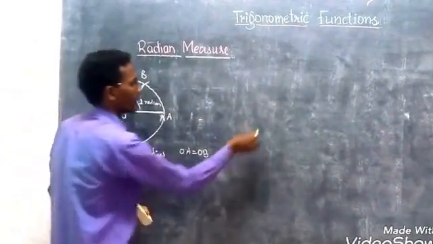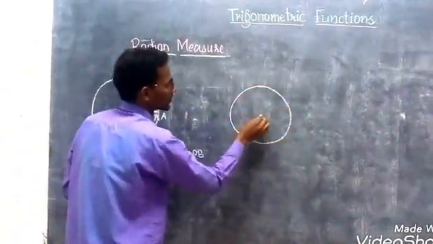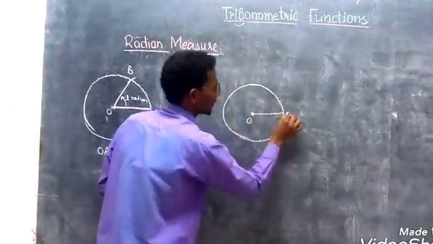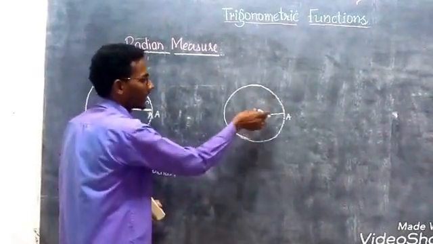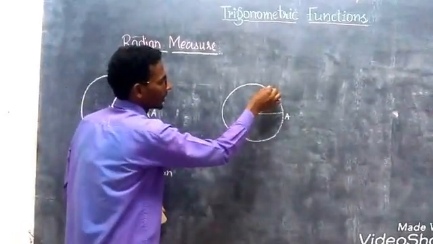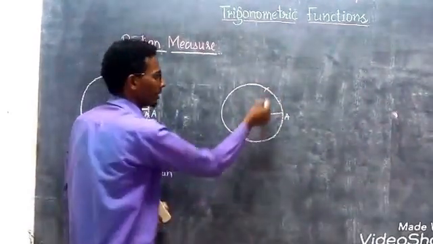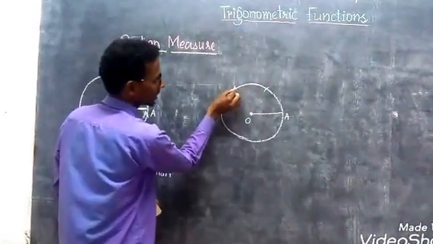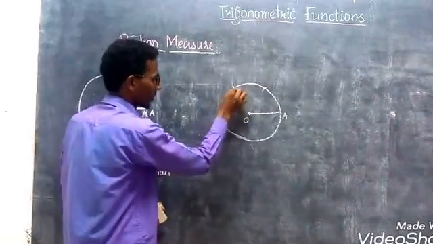Suppose I draw a circle with O as the center and OA as the radius, and I take 1 unit of the same measurement. Then from here I take another, which means it is twice the length of the radius. Now I join this.